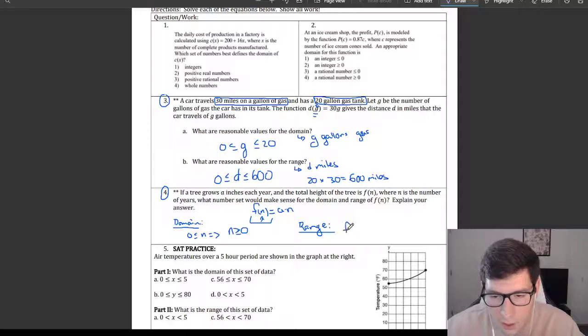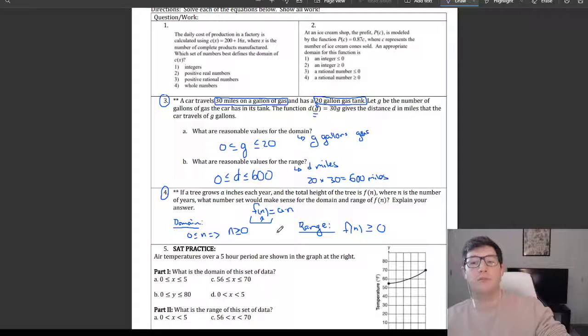Because we don't know exactly how tall it's going to get, whereas with number 3, we had some pretty clear limits, with a tree growing, there's not. It's going to be dependent on a lot of things. And so for now, we're just going to simply say that this function, just like our n, f of n, needs to be greater than 0. So really what we're saying here is that both of these just have to be positive.